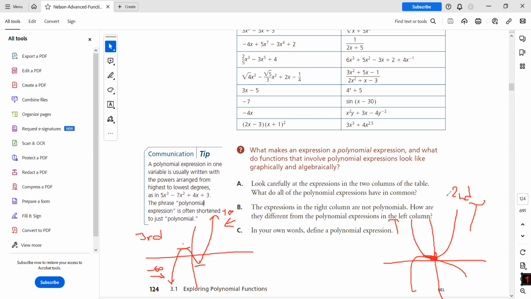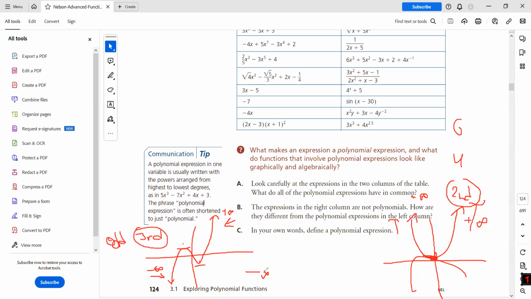So from here on, I can make a conclusion, which we're going to see again later, that even degree polynomials, second degree, fourth degree, sixth degree, are going to have the same end behavior on both ends. So if the left-hand side goes to positive infinity, then the right-hand side also goes to positive infinity, the arms of the function. For odd degree functions, your end behavior is going to be opposite.